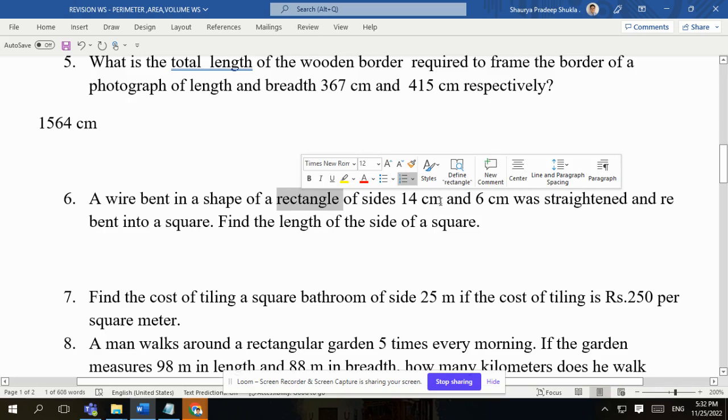If 40 centimeter is the perimeter of the rectangle, that means it is also the perimeter of the square. If 40 centimeter is the perimeter of the square, then the side of the square is 40 divided by 4, which is equal to 10 centimeter.